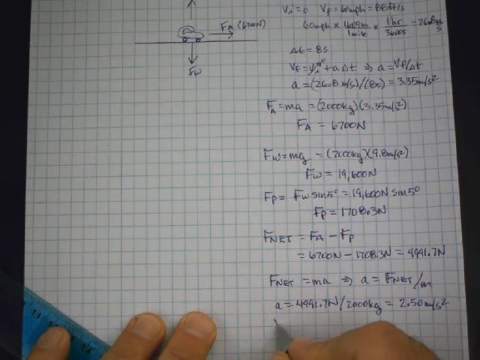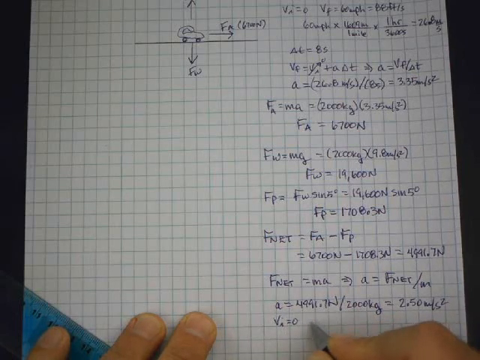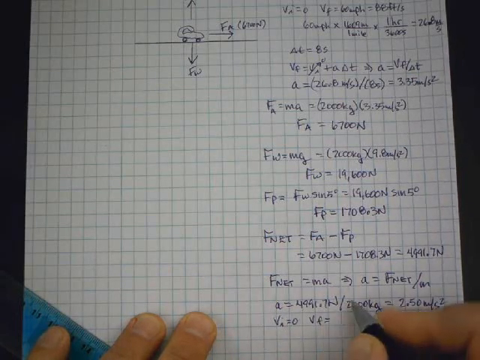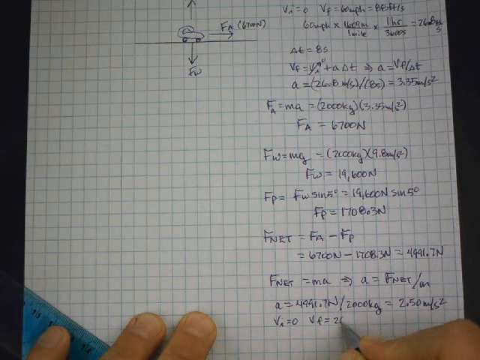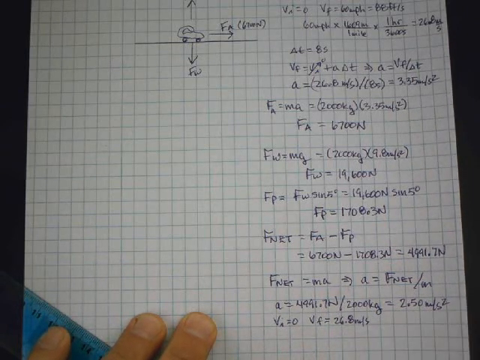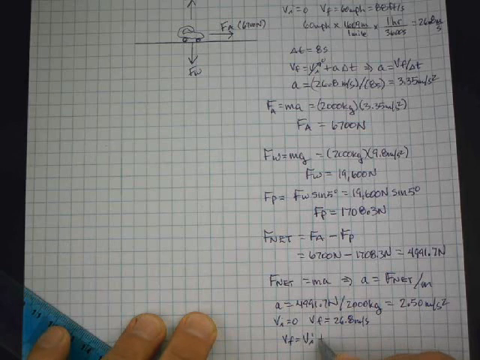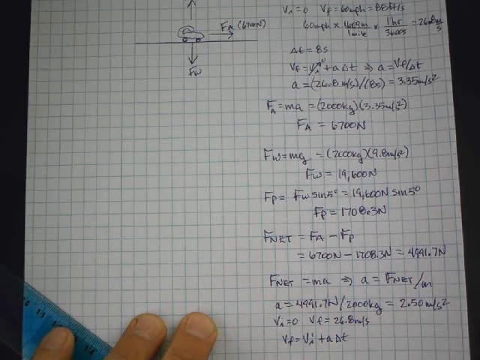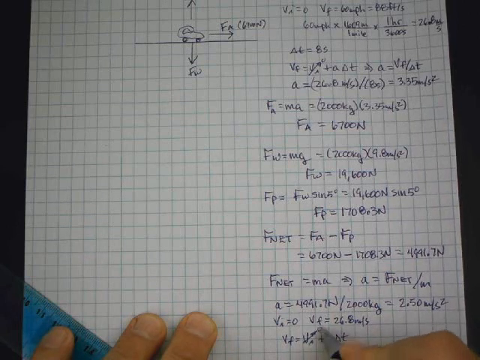And using things we had before, our Vi will be 0, our Vf will be the 26.8 meters per second. We have our A, so we can use our first equation. But now we're going to solve for the time.